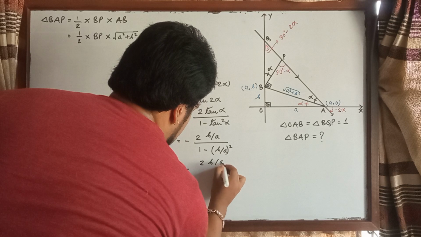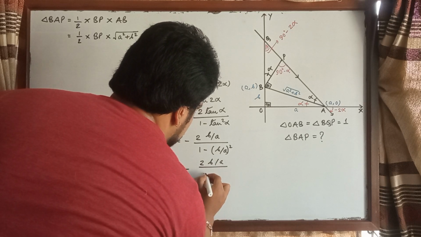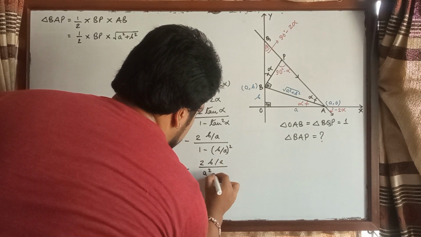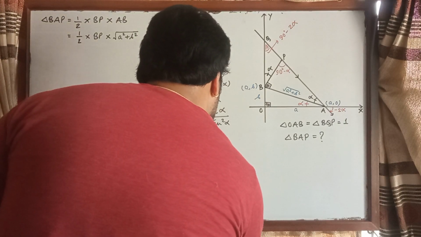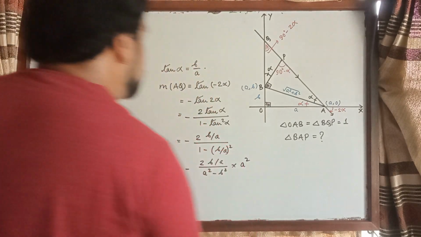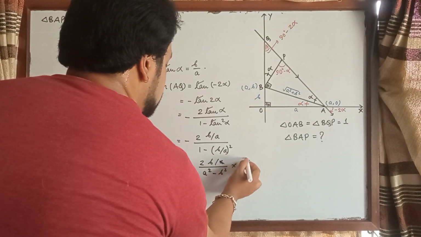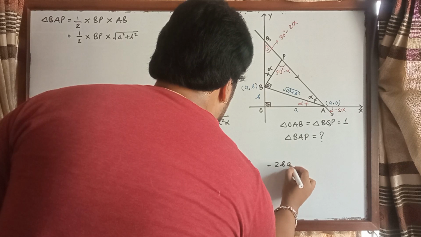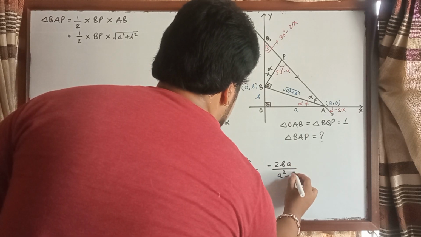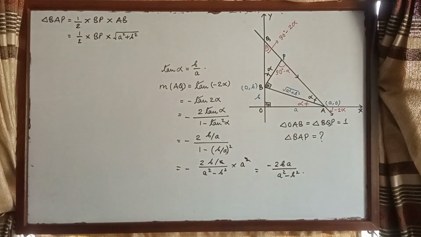Twice b over a all over (a squared minus b squared) times a squared. Cancelling these out, we get minus twice b a over a squared minus b squared. So that's the equation of AQ.